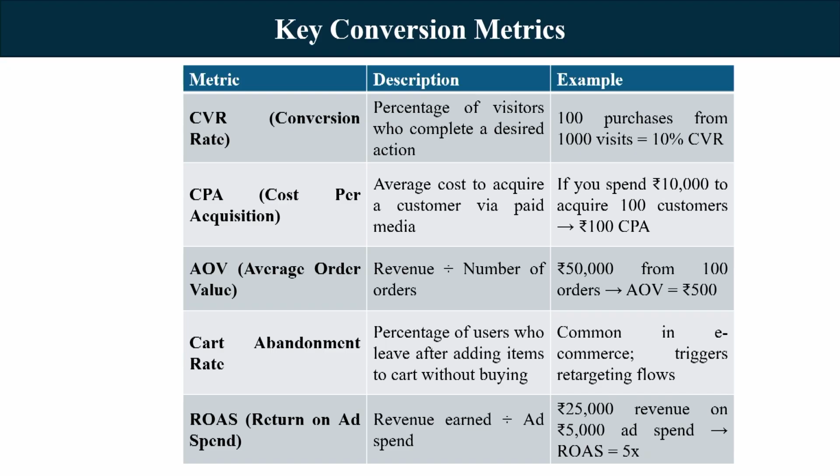So, ROAS, return on advertisement spend, will be 5x. You can calculate it also in terms of profit. Let us say you know the variable cost per unit, then in that case you can compare it with respect to the contribution margin.